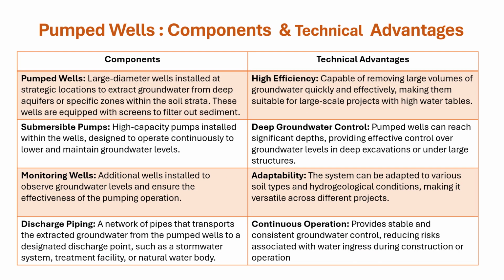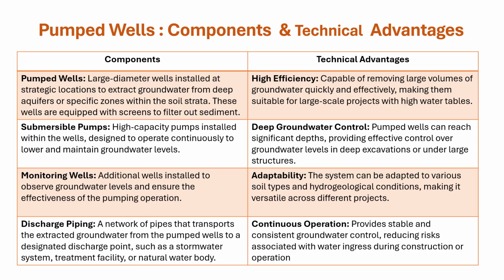The last type of permanent dewatering system is the pumped wells, which are formed of large diameter wells, submersible pumps, monitoring wells, and discharge piping. They have a high efficiency. They are able to remove large volumes of groundwater quickly and effectively. They can work on deep groundwater control.